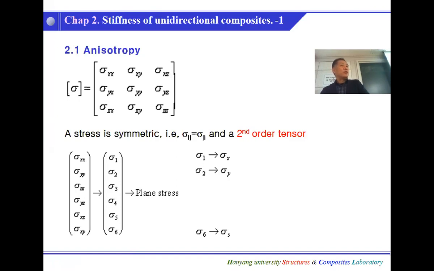So we need to understand the meaning of being anisotropic and what kind of material property we need to specify. That is the key part. And in terms of defining material properties, we need to also understand the stress transformation, strain transformation and stiffness transformation.